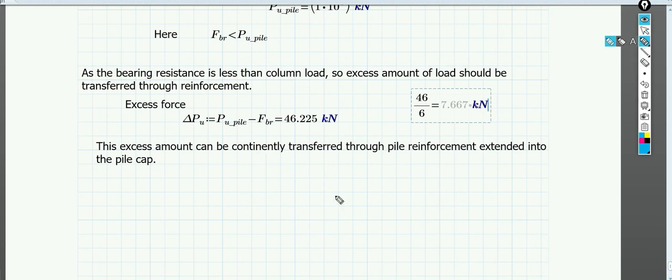We have calculated the number of piles, then from the shear criteria, we found out what should be the effective depth of the pile cap. Then we have calculated the bending stress. From the bending moment we have calculated the number of reinforcement bars required. Then we have checked for the bearing stress as well.